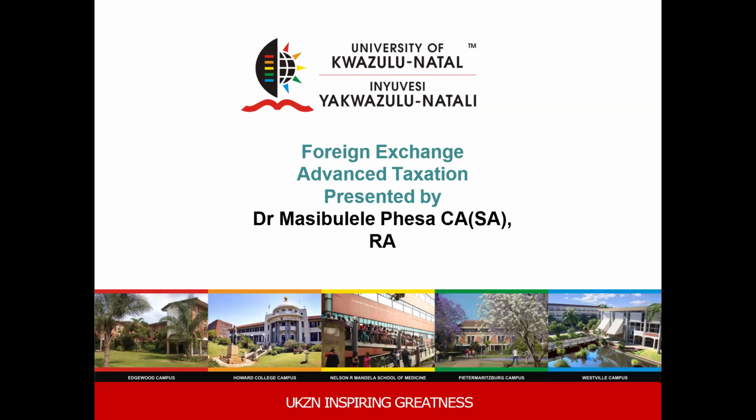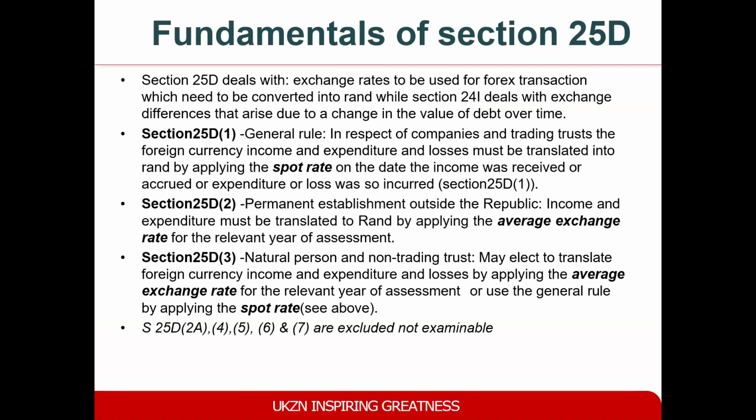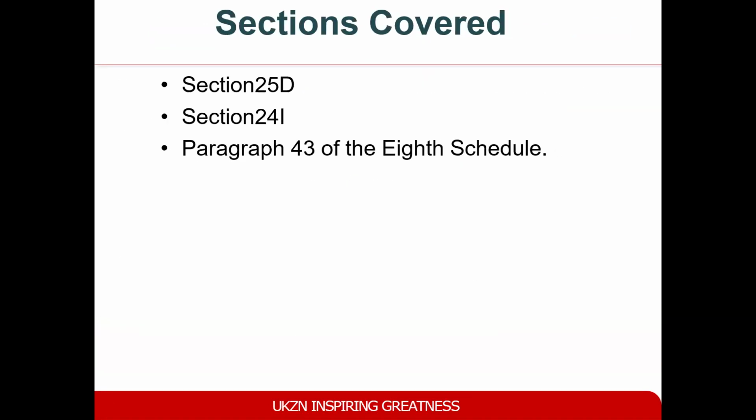I don't think we can grasp all of this information with all of these sections to pinpoint. Maybe, let's say, in a question, we have to identify paragraph 8 of the 8th schedule and link it to section 24I. So maybe give us an idea to make our studying easier as well.